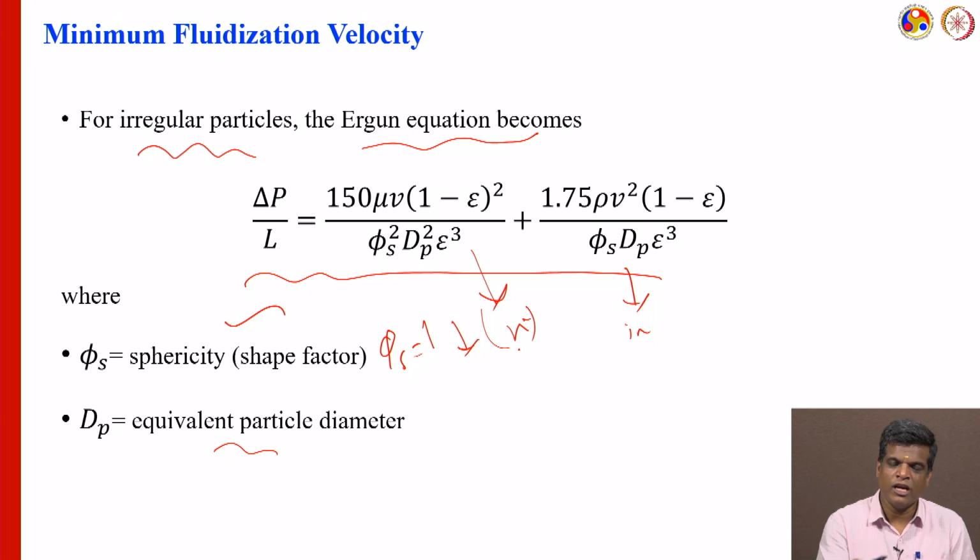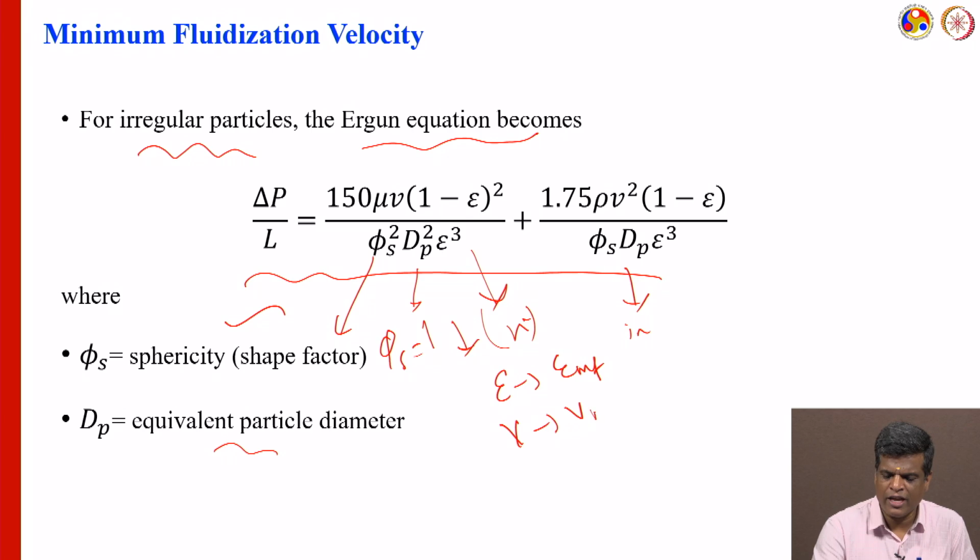We discussed this is only applicable for irregular particles, because we have to find the shape factor, sphericity, and the diameter of particle. Since we are discussing minimum fluidization velocity, in the same equation we have to write epsilon equal to epsilon MF, then velocity V we can write as V MF, minimum fluidization velocity, so that we have to modify the equation.